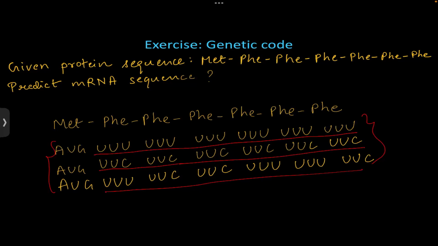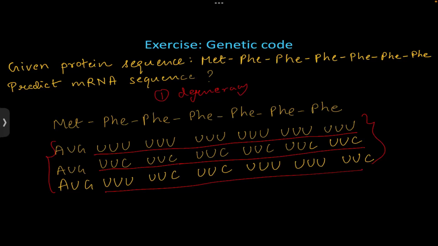So what do you understand from this particular example? First, we are using the degeneracy property. What is degeneracy? It means one amino acid can be coded by more than one codon. Here phenylalanine is represented by both UUU and UUC.